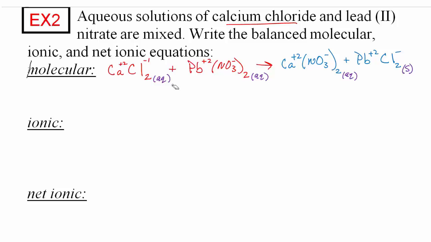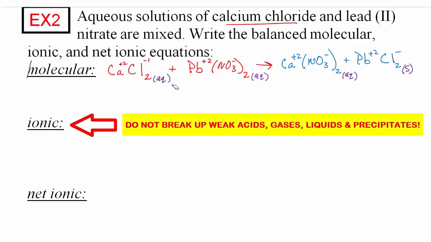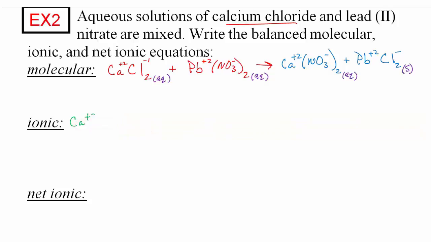So the ionic equation, wherever we wrote aqueous, AQ, we're going to break it up into its ions. If you have a solid or a liquid, you don't break it up. So wherever you have AQ, break it up into its ions. So I'll have a calcium ion and 2 chloride anions, a lead ion, lead 2, 2 nitrates.